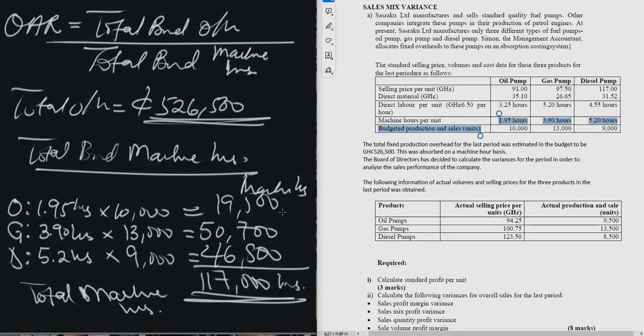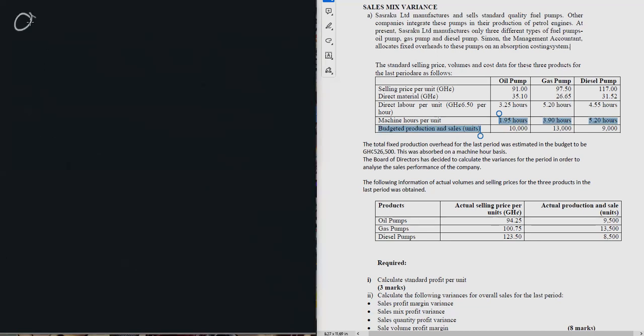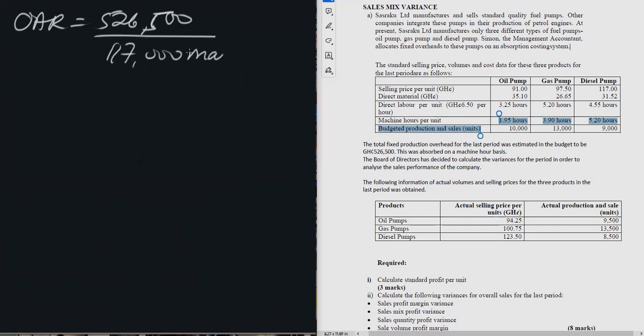So now that you have your 117,000 hours overall, you can take this 526,500 and divide by this to get your OAR, right? So my OAR will be 526,500 divided by 117,000 machine hours.